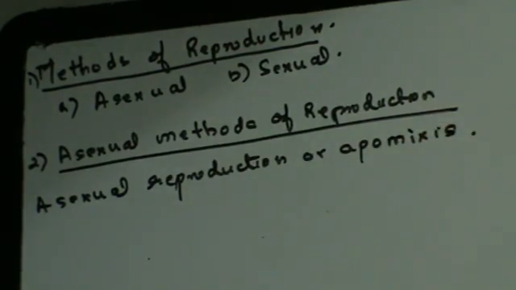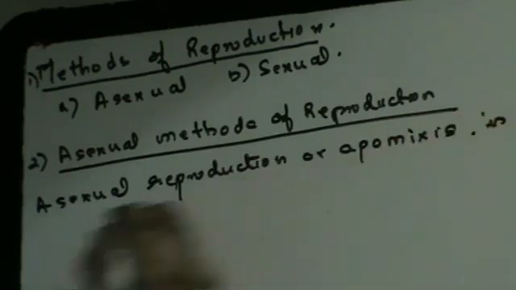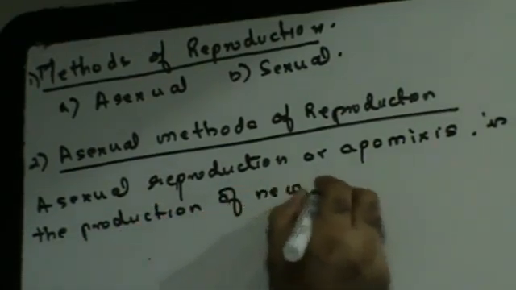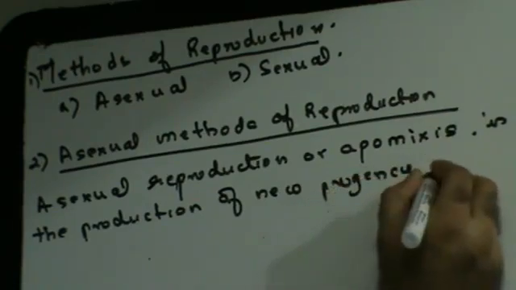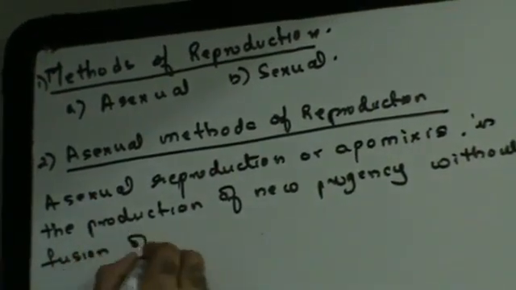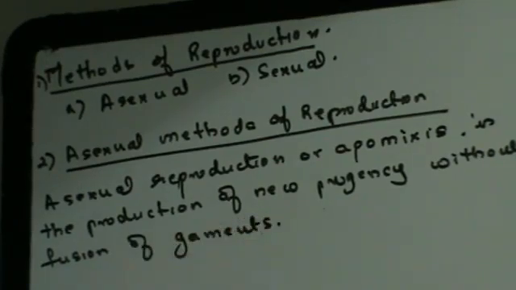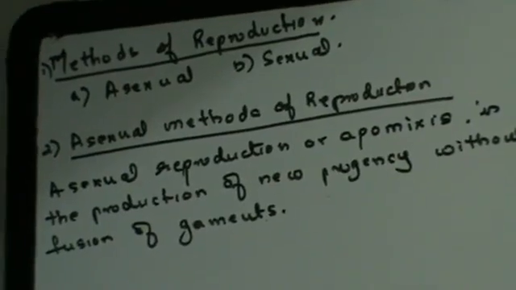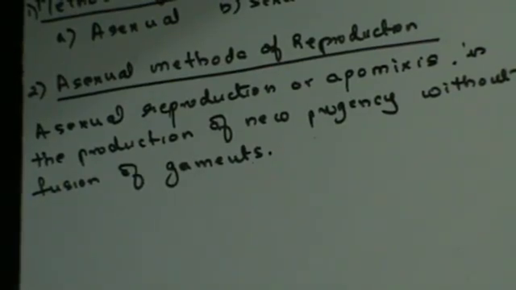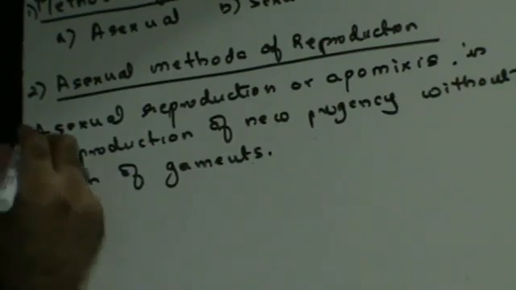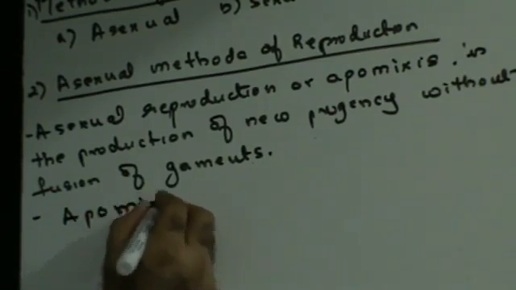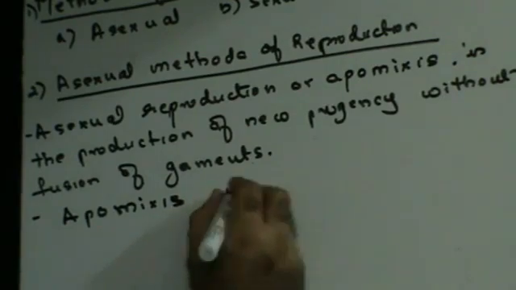Asexual reproduction or apomixis is the production of new progeny without fusion of gametes, right? Now, asexual reproduction or apomixis is of two types.